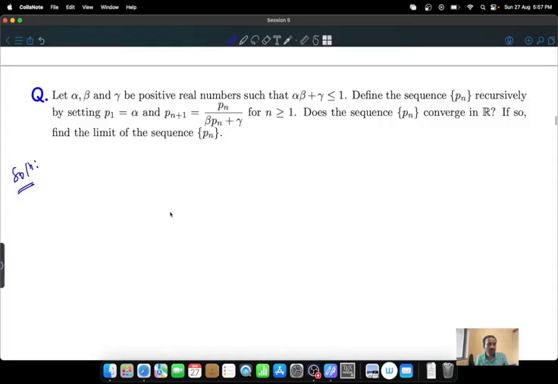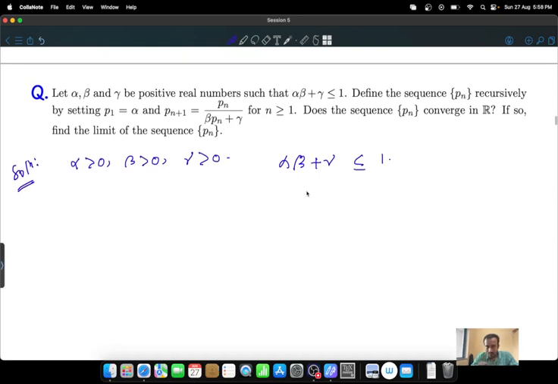So what does the problem say? That I have three positive numbers, alpha, beta, and gamma, all strictly positive, and they satisfy alpha beta plus gamma less than or equal to 1. From here one thing that you can conclude is that since all of them are positive, alpha beta is also less than or equal to 1, and gamma is also, because alpha beta is less than or equal to the sum, and gamma is also.